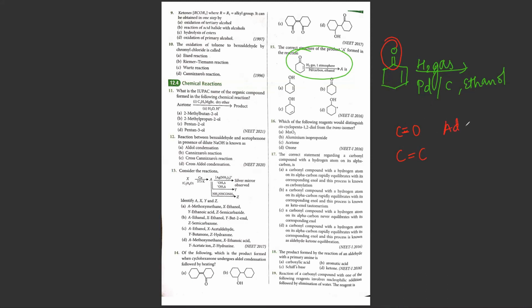Here, the addition of hydrogen is faster. Okay, they have two options. That is, hydrogen can be added at C double bond O, or it can be added at C double bond C. So the addition of hydrogen molecule is faster at C double bond C as compared to that of C double bond O. So the C double bond C bond will be reduced faster than the C double bond O bond with respect to hydrogen in the presence of palladium and carbon.